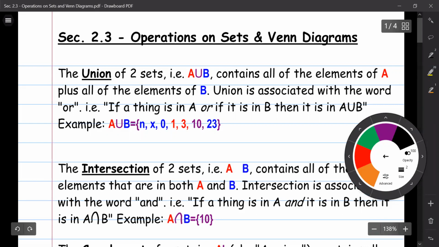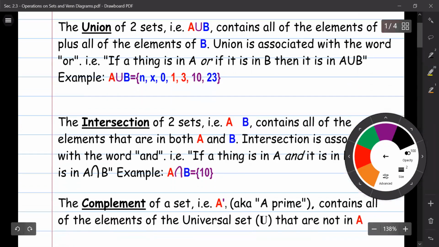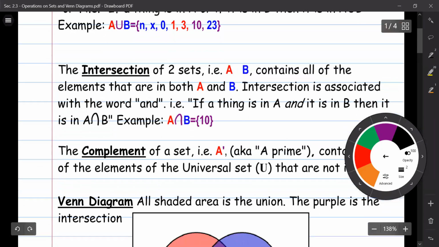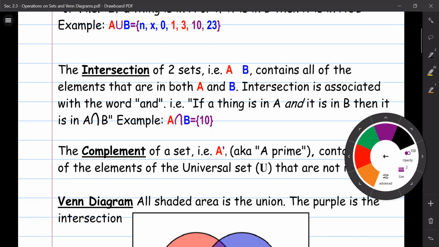And then the intersection of two sets. The symbol for union basically looks like a capital U, and the symbol for intersection is basically the same thing, but flipped over. So it kind of looks like an N, which to me helps you remember it, N for intersection.